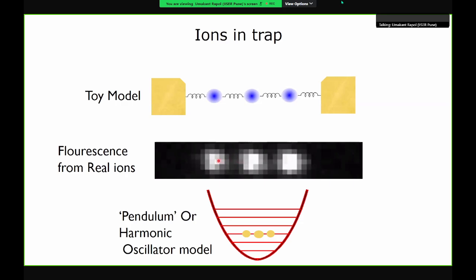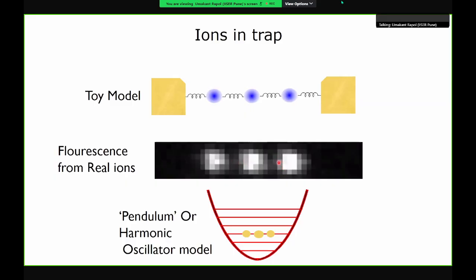So in this picture, what you see, these three bright white spots, is a real image of light that is emitted by single ions, and they are spaced by about 5 micrometers from each other.